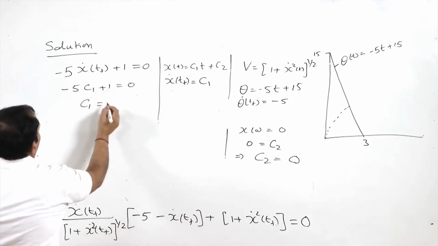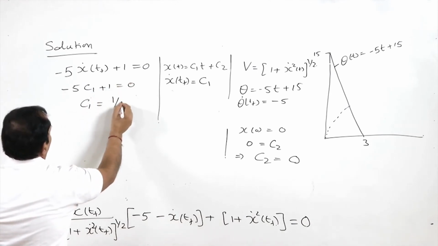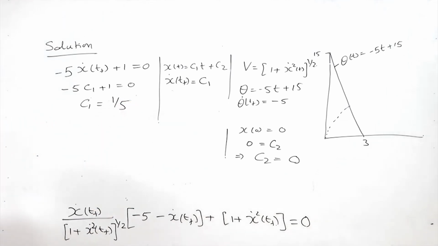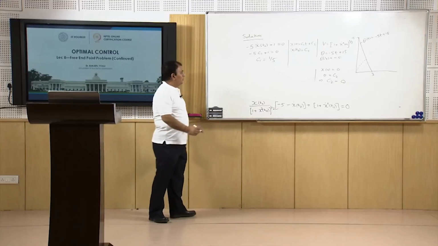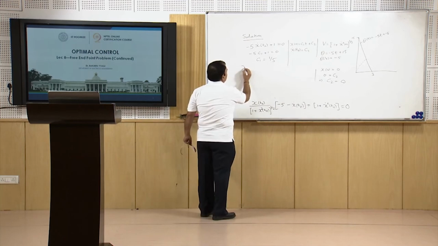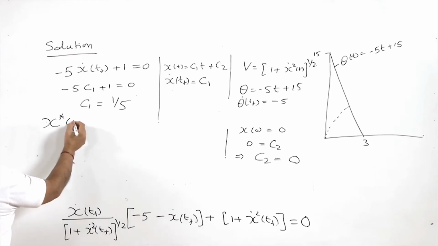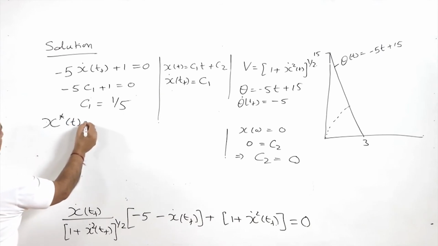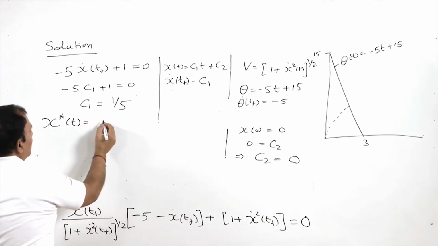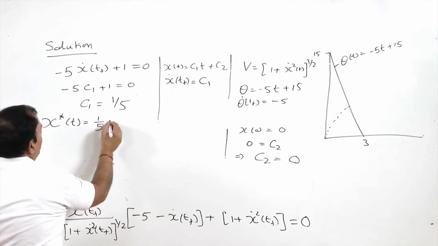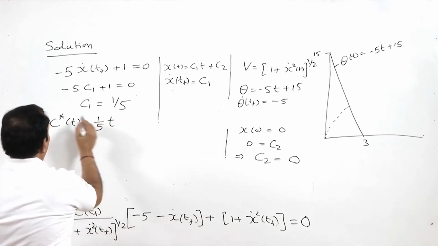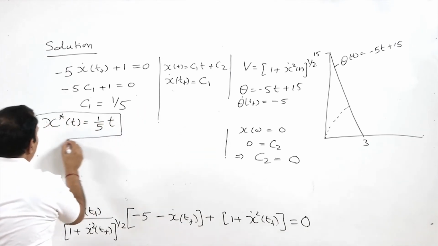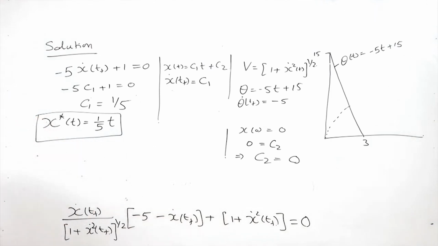So, C1 is 1 by 5. This means my optimal trajectory x star t, which is C1 t, is 1 by 5 t, and C2 is 0. So, this will be my optimal value of x.